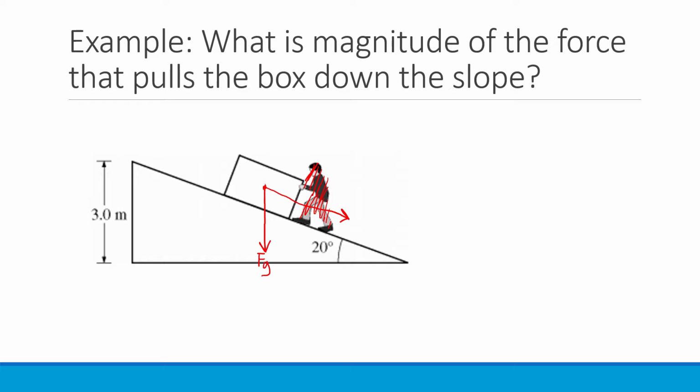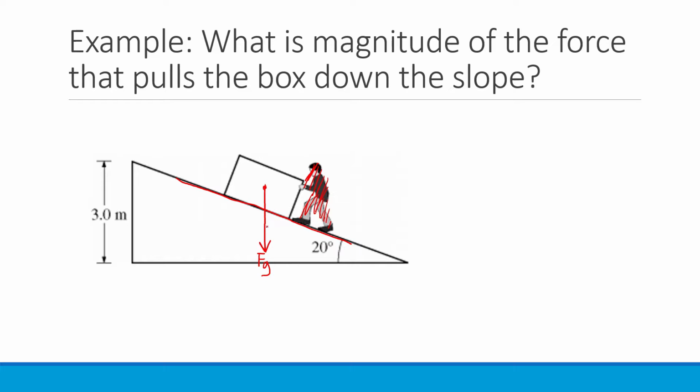Well, interestingly enough, I'm going to erase that arrow for now. Interestingly enough, when you encounter a problem like this, if you were to look at it and consider the slope, this force of gravity can be broken down into two parts.